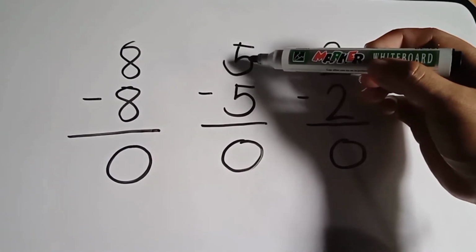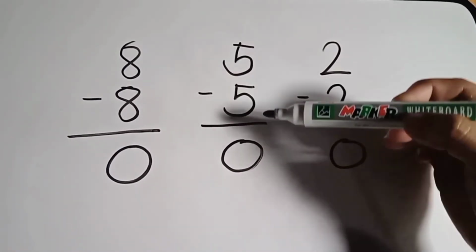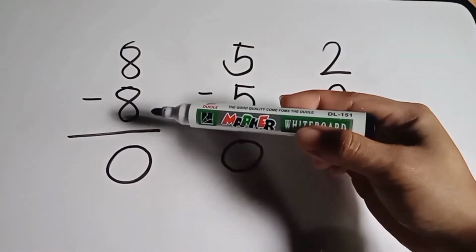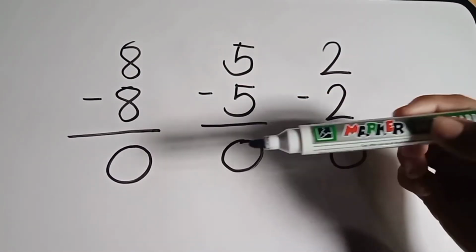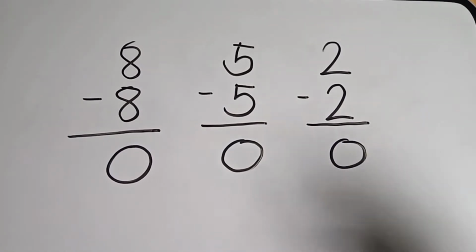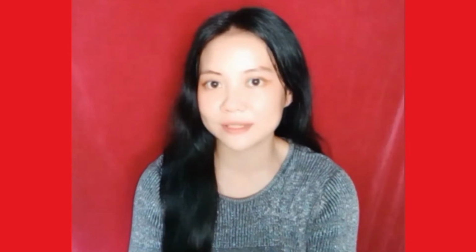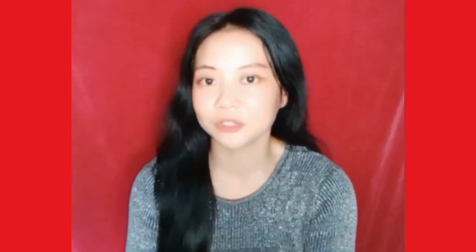For example, 5 minus 5 is equal to 0. Another one, 8 minus 8, the answer will be 0. So, that's numbers the same, zero's the game. That's all the tips we need to remember, Kamatiniks, when subtracting numbers, so we can easily solve the problems.